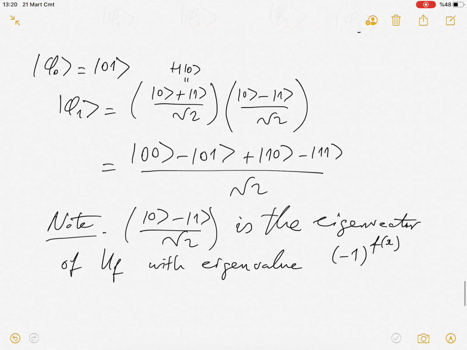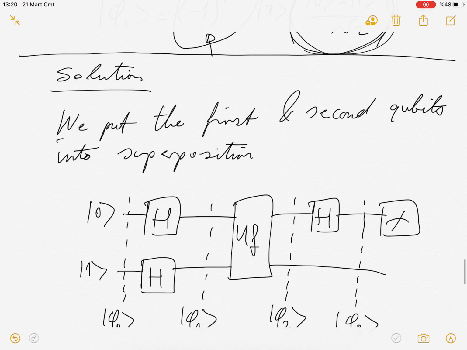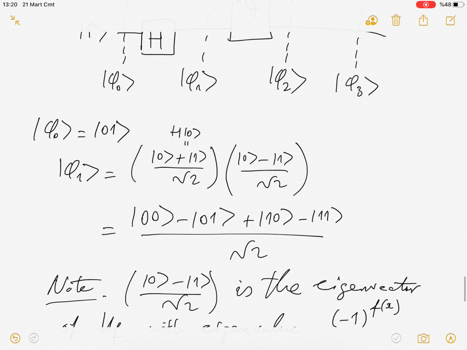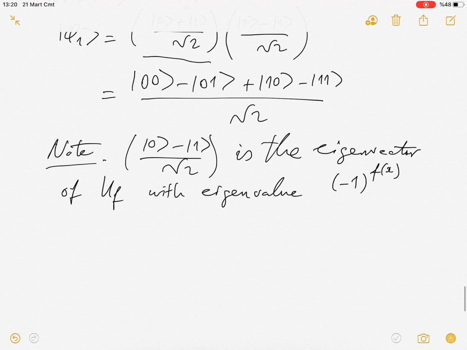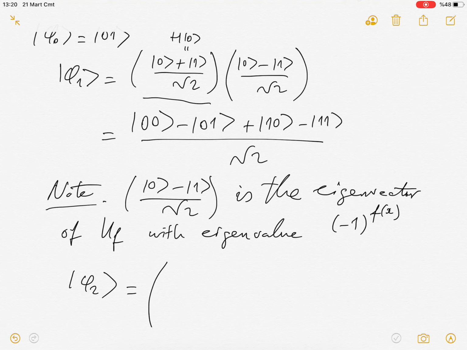Okay, but now we have x in the superposition, right? Let's rewrite phi 2. So phi 2 will be equal to, okay, x is in the superposition state, and then we have minus 1 to the f of 0, ket 0.